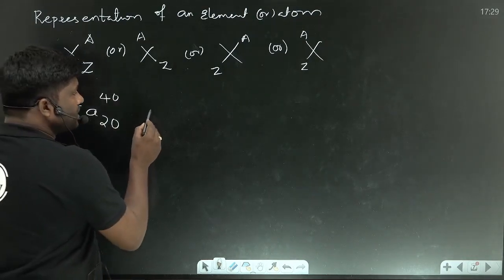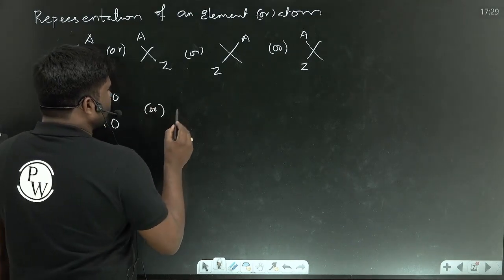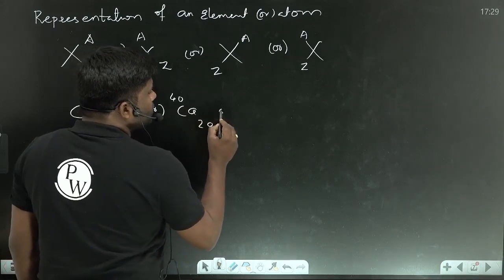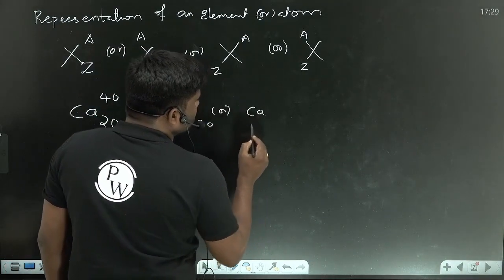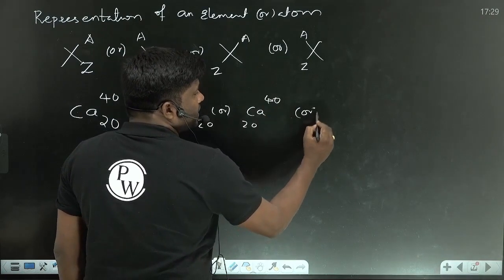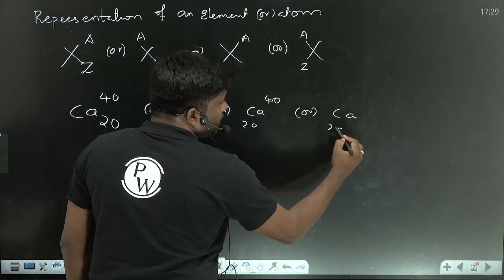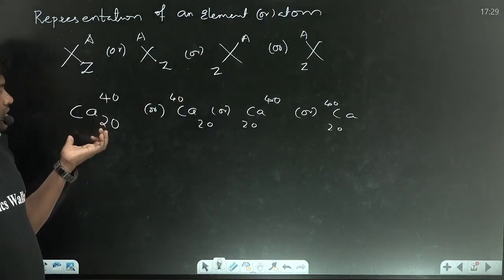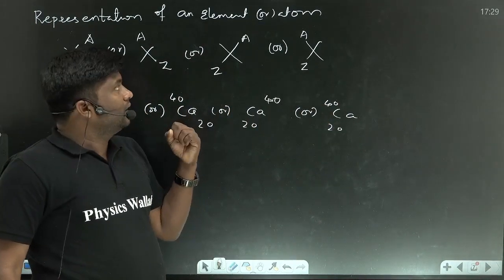And you can represent the calcium again in this way: calcium 20 here, 40 here. So these are the ways to represent the elements.